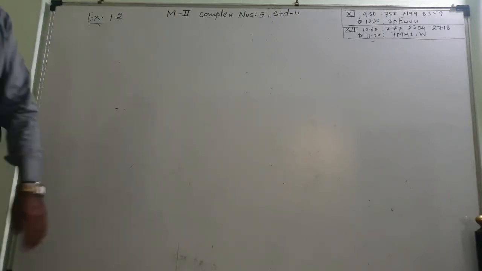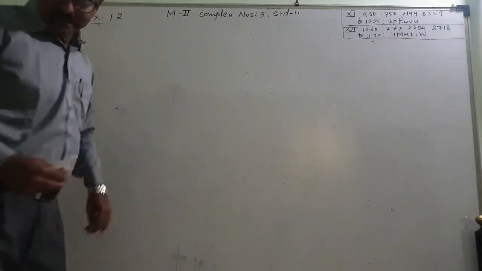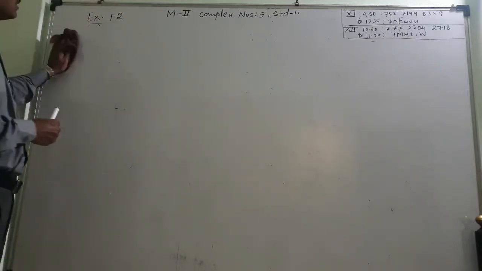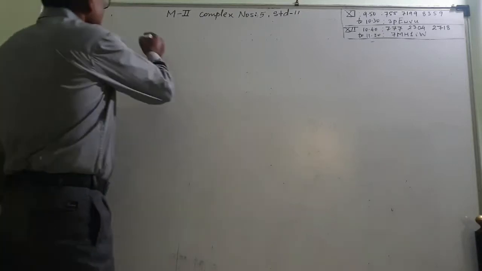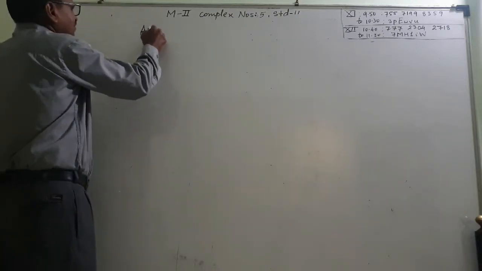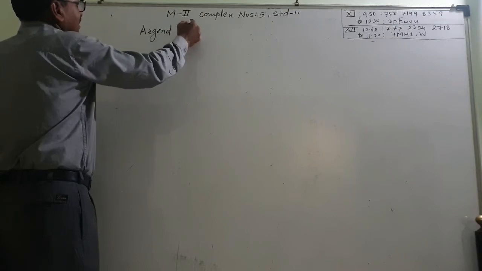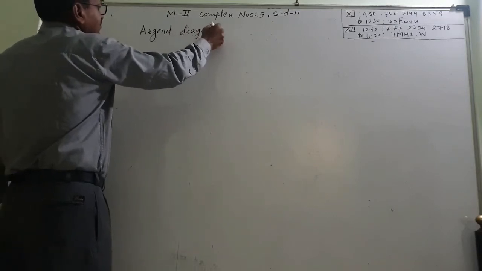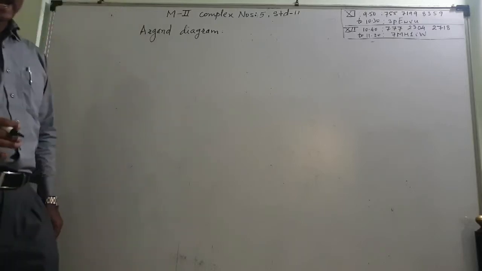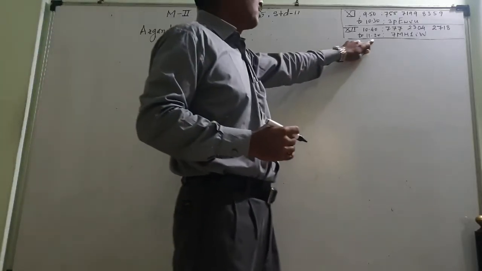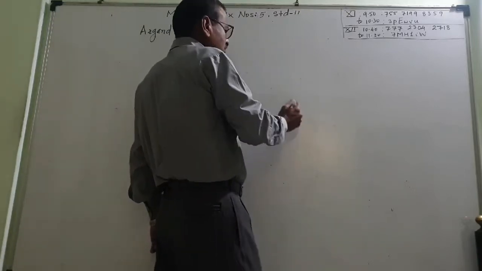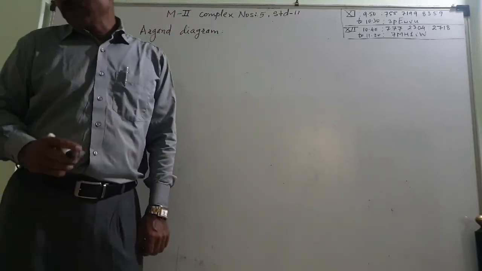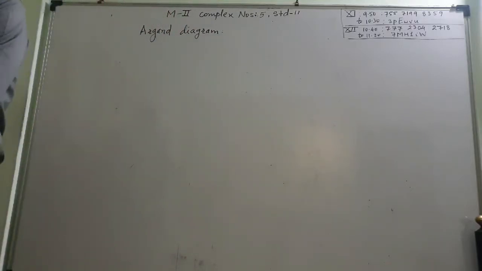Now what is meant by modulus Argand diagram? This exercise 1.2 is over. I will have to go for exercise 1.3, but before that, this is what Argand diagram. I pronounce it as Argand. How you want to pronounce, that is up to you. What is that? It is where that point is lying in the plane, that is called as the Argand diagram, where it is lying.